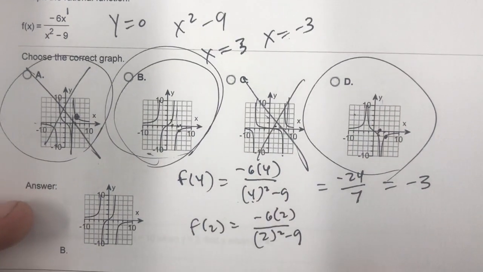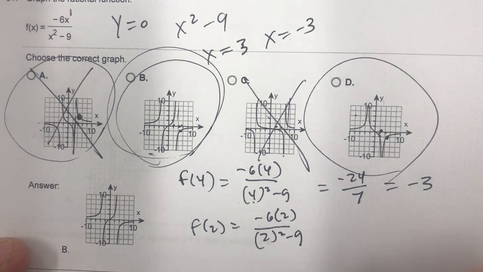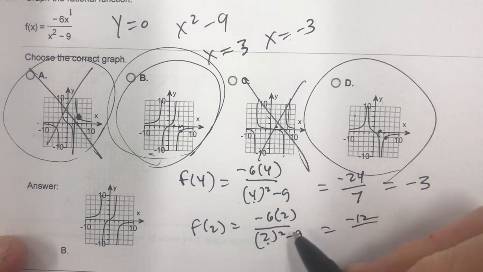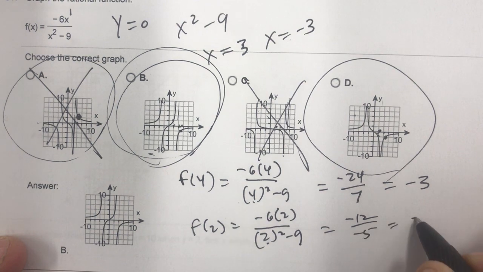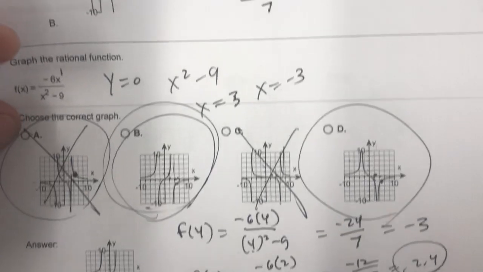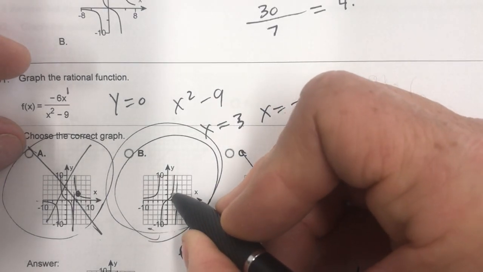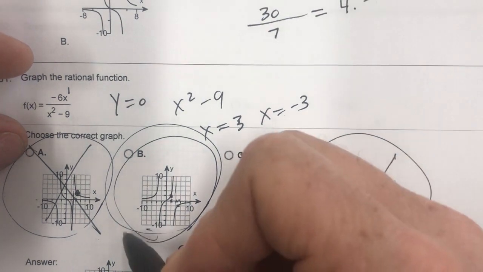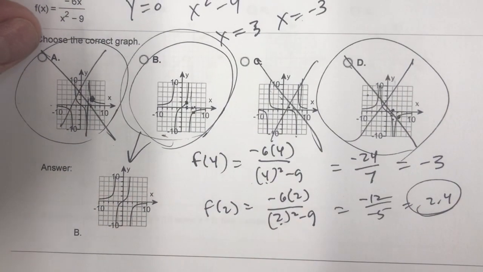Okay, let me get on the screen a little bit better. So I'm doing f of 2, which is negative 12 over 4 minus 9 is negative 5, which is 2.4, positive. Okay, so that tells me right there at 2, we're positive 2.4. See here at 2, this is negative, it's out. It's got to be B, and of course there's my answer right there, B.